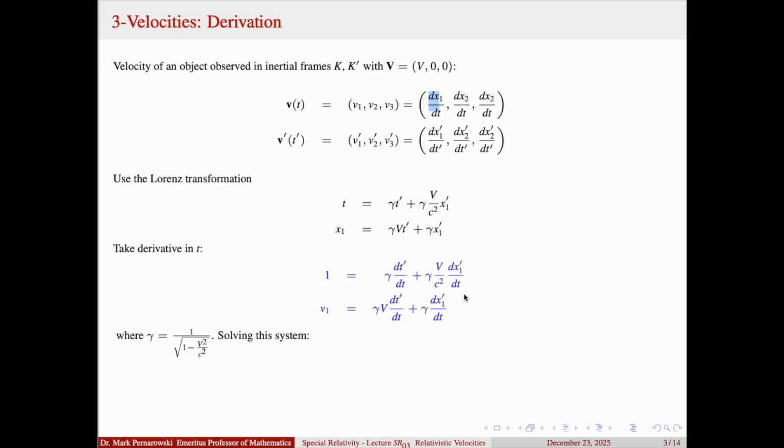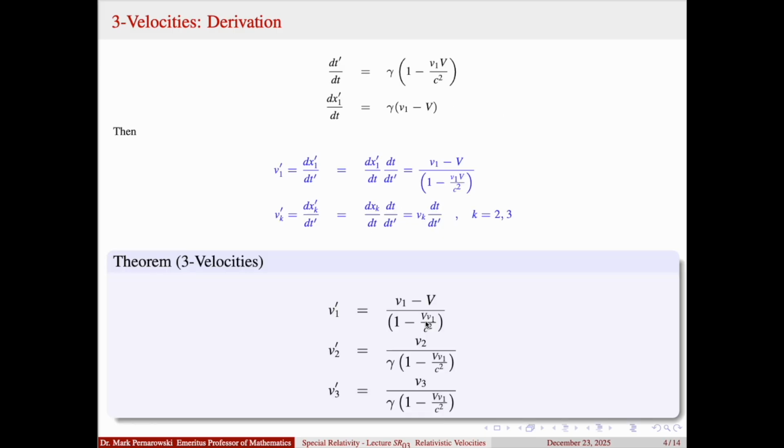You think of them as a linear system of equations for these derivatives. You've got a dt prime dt and a dx1 prime dt, and there are two equations for these two unknowns, so you solve them. That's just linear algebra. You find the answer, and at the top of this page, you find these equations in black. This is what you get for dt prime dt and dx1 prime dt. Neither of these is what we need to find the velocities in K prime.